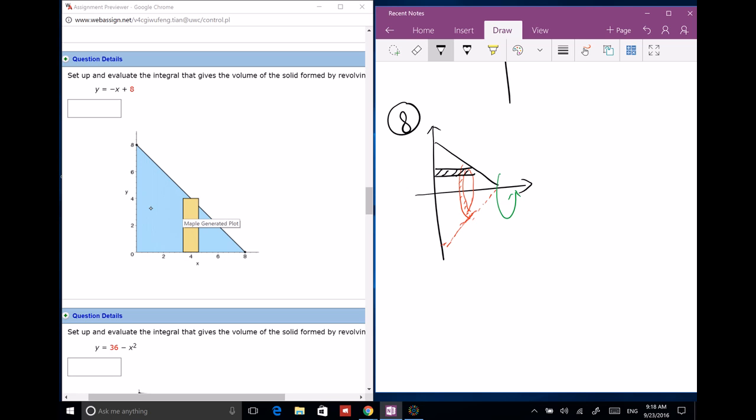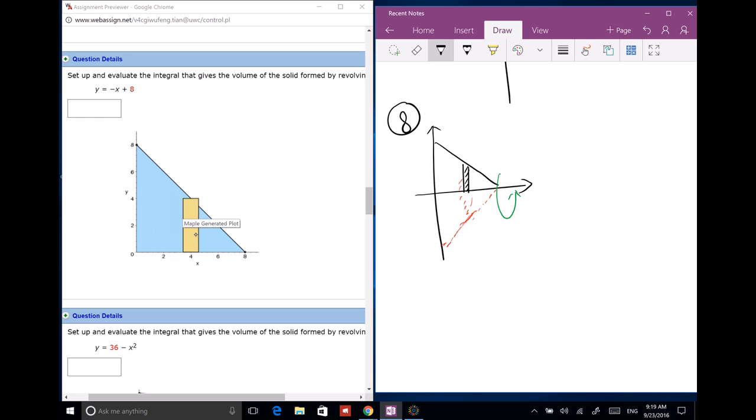Like this way, the radius will always be changing. This is the height, and the radius will always change. But with the disk method, both are fine. Since it gives you this yellow region here, you use that as your rectangle. If you rotate this part, it's going to be a circle.